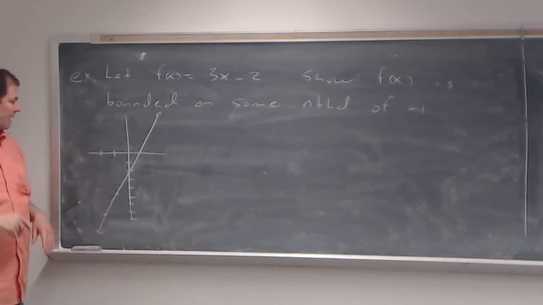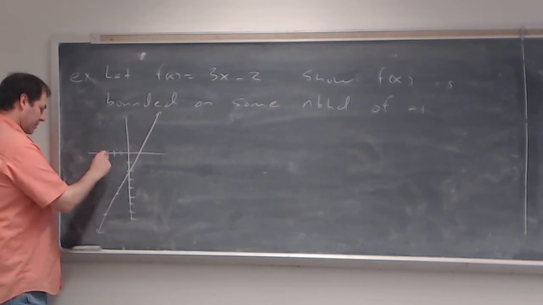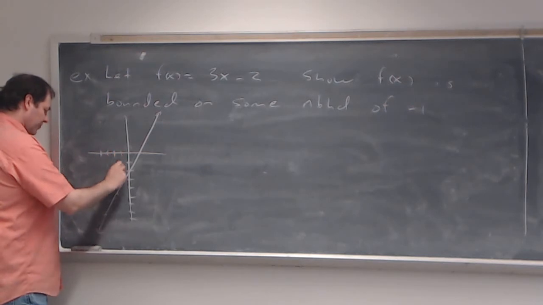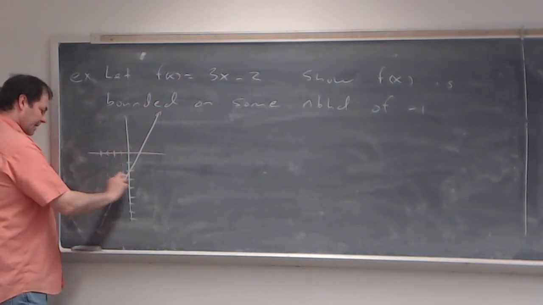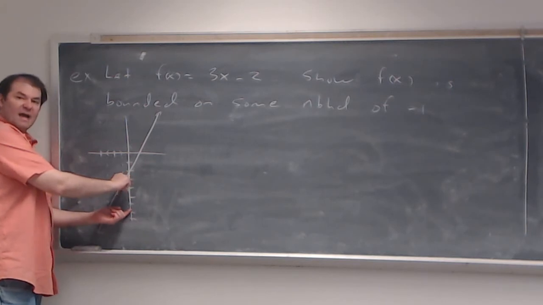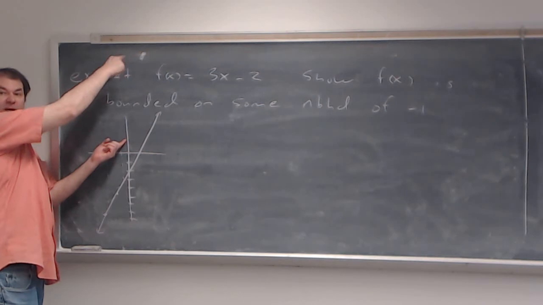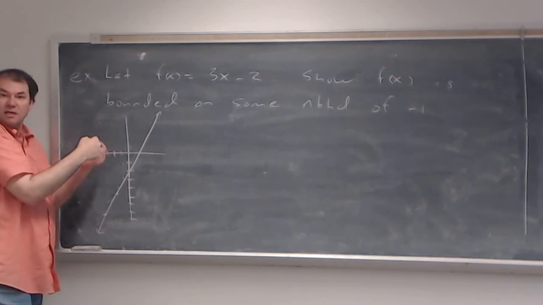It seems like if I just put this region right here, then look what the output values run from. They run from this output value to this output value. Well, their absolute value will be up here, and they'll be less than some number, won't they? Is that okay?